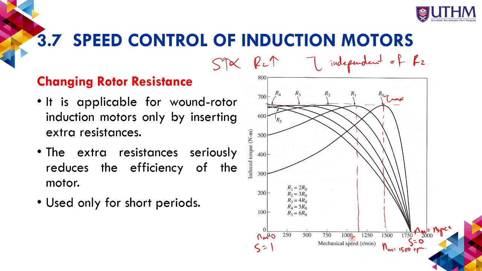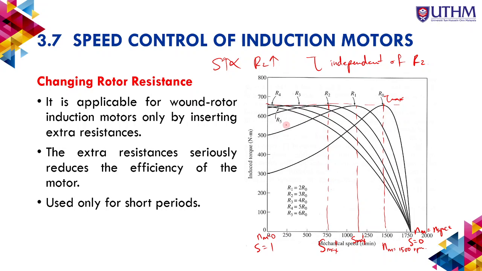So this is T max prime. One more time we increase R, so there will be a new slip, double prime. The same goes for the others.